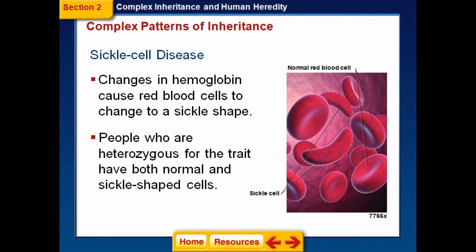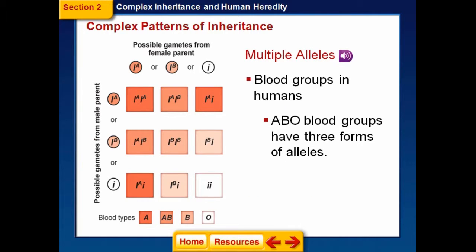People who have one allele for the trait have a moderate case of disease. Half of their cells are normal, half of their cells are sickle. People who have both alleles for the disease have very severe cases of sickle cell anemia. All of their cells form sickles.